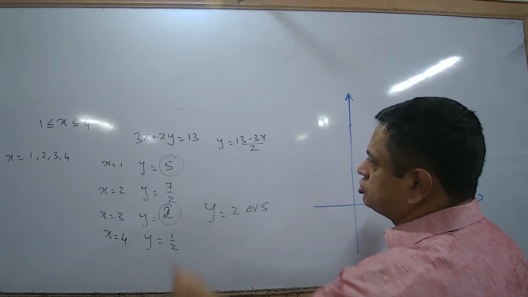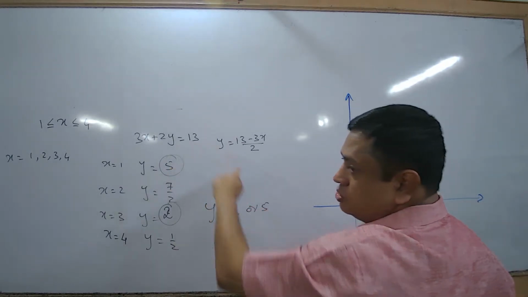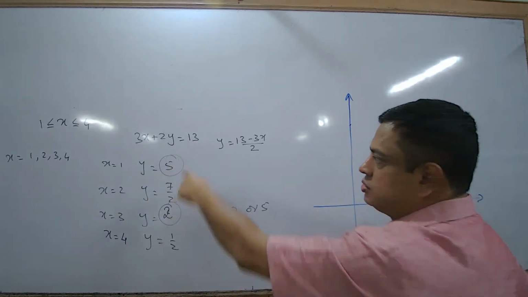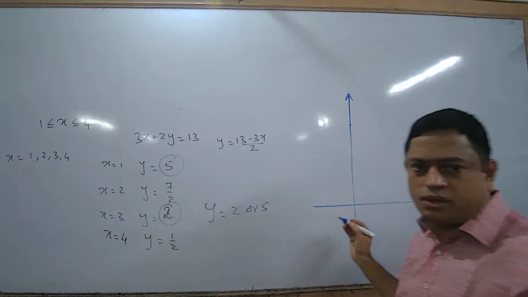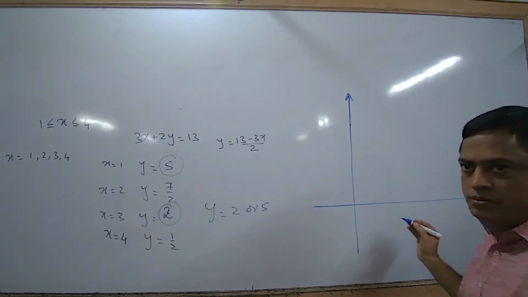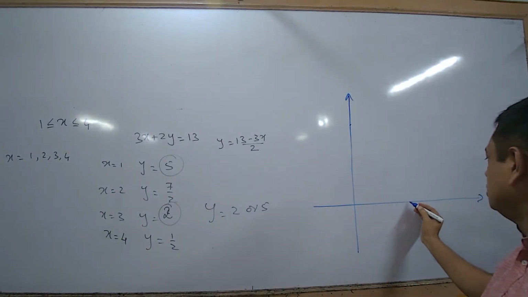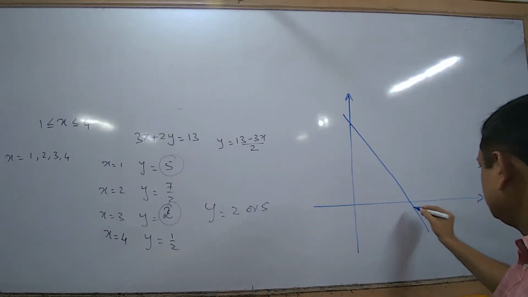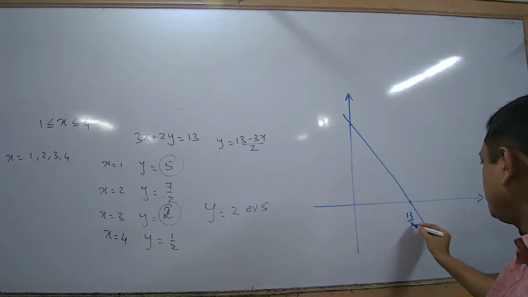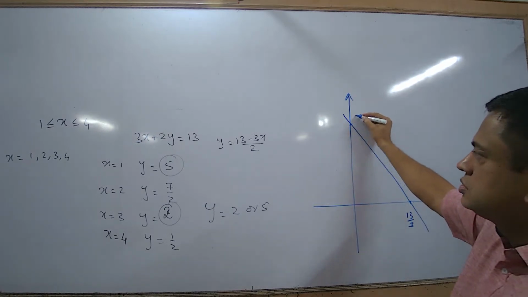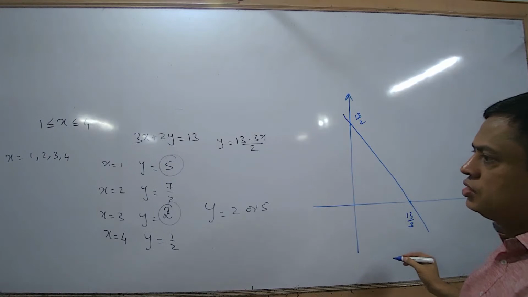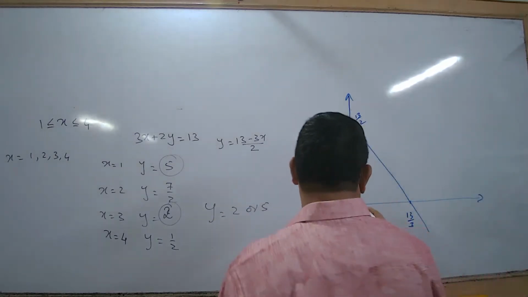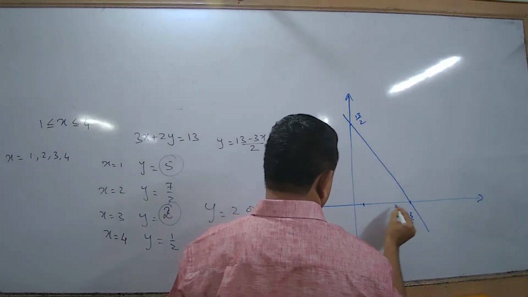And when y is equal to 0, x is equal to 13 by 3, which is 4 point something. So this is 13 by 3 and this is 13 by 2. Now, what is the meaning of 1 less than or equal to x less than or equal to 4? There is a 1 and there is a 4.